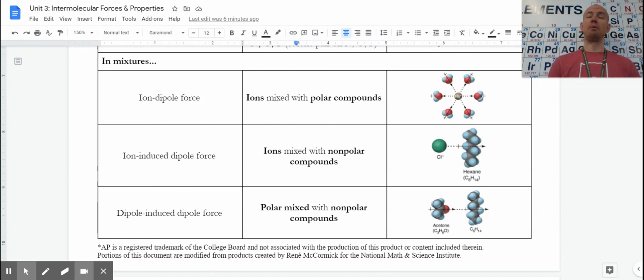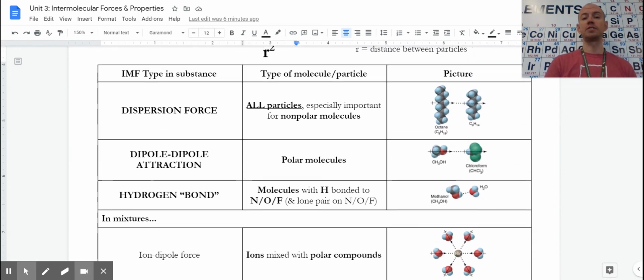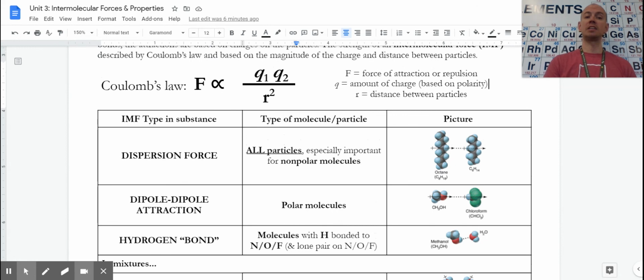That's what an induced dipole is, a temporary arrangement of charge that allows my nonpolar thing to attract to something else. We'll go into more detail with each of these and see specific questions and applications of the different types of intermolecular forces, as well as connecting with Coulomb's law to understand the strength.